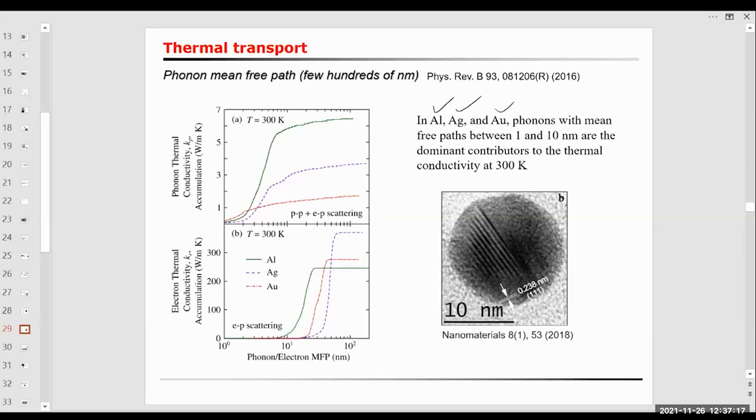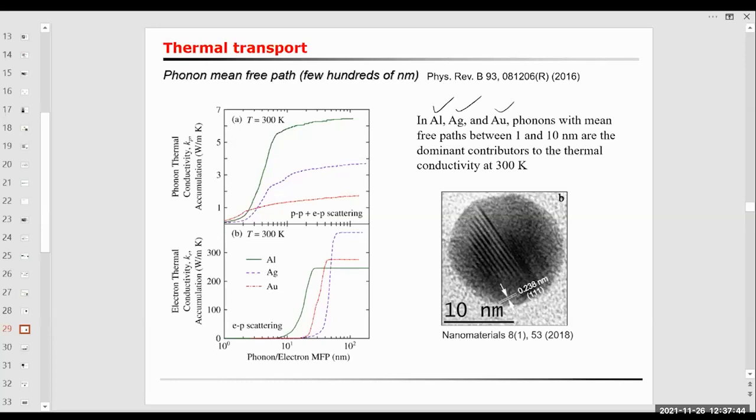So if I want to extract some exotic thermal behavior of an aluminum nanomaterial, unless I make these nanoparticles less than 10 nanometers, I am not going to see any exotic thermal transport. Even if it is 20 nanometers, even though people call it a nanomaterial, you will not get any exotic thermal behavior.